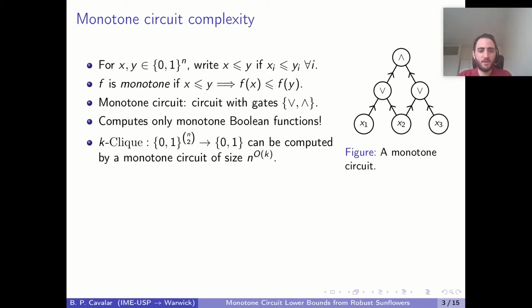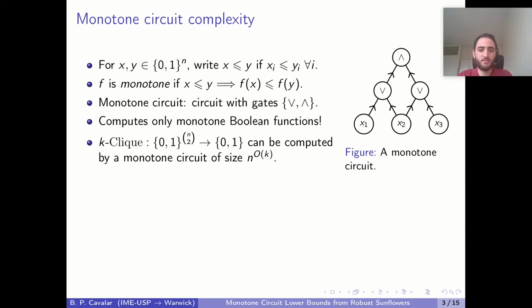One of the most important examples of monotone Boolean functions is the k-clique function. Given a graph represented by its adjacency matrix as a binary string, the k-clique function outputs 1 if the graph contains a clique on k vertices. It's not hard to see that k-clique can be computed by a monotone circuit of size n to the big O of k, simply by doing brute force.